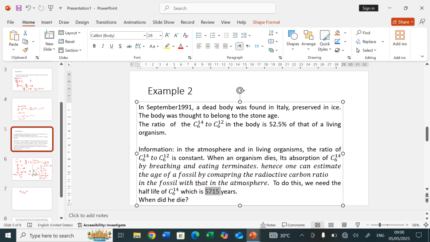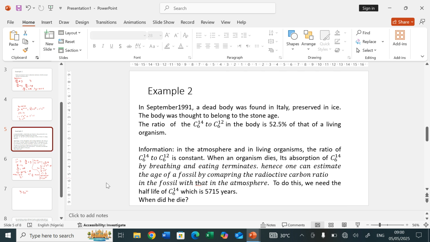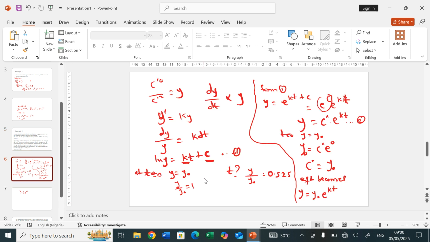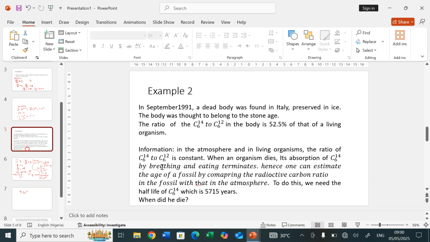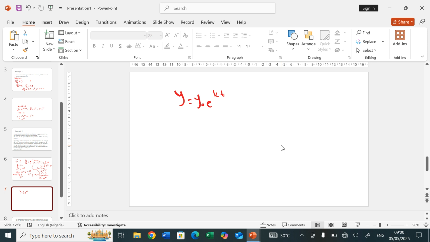So Y over Y naught is 0.5 at that time. Initially Y over Y naught is 1, which is perfect, but at the half-life it has reduced by half. Therefore, we can use that condition to find K. At t equals 5715 years, Y over Y naught equals 0.5.